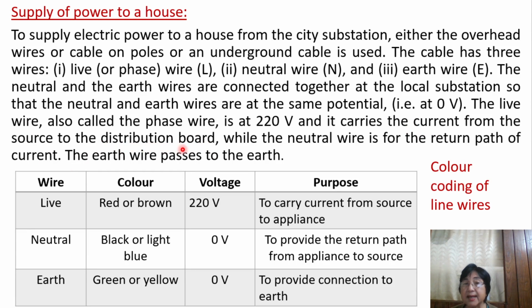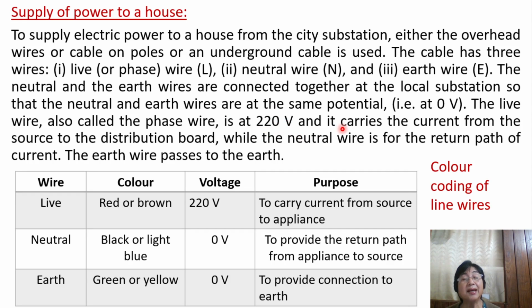The distribution board is in the house just before the start of the household wiring. From the point in the city substation where current is to be taken, it operates at 220 volts.